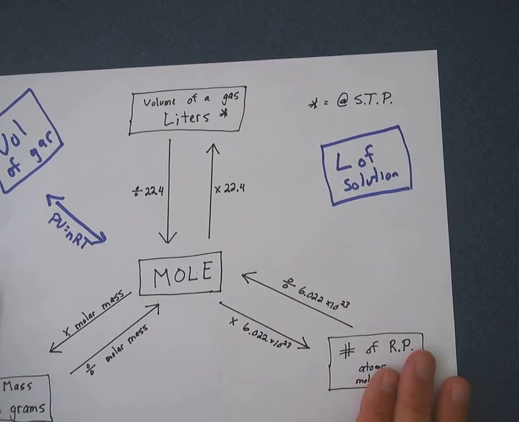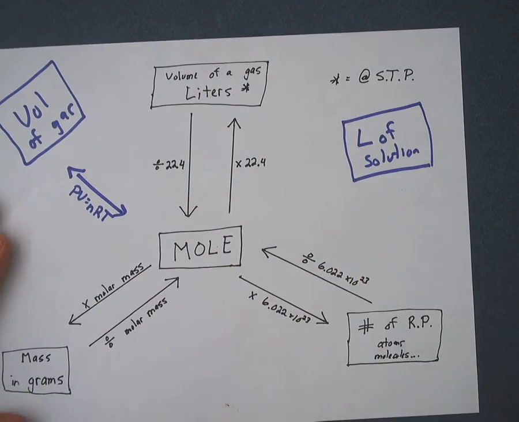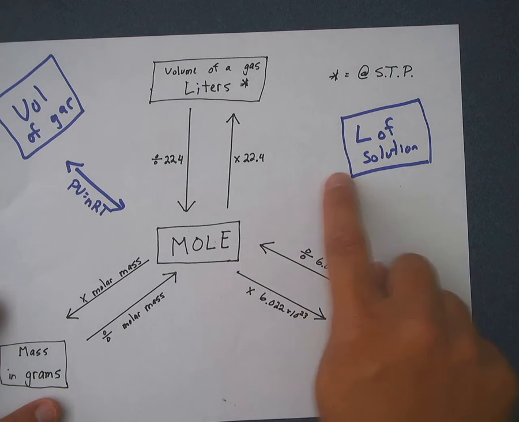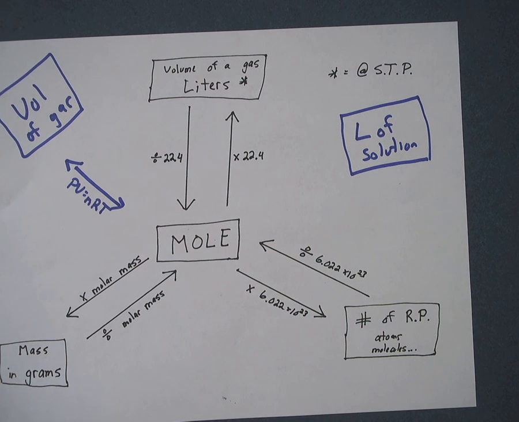Now, the new part of our notes is going to talk about concentration, solution, okay? And there's a new concept I want to use called molarity that will help us connect moles to liters. So what is molarity?